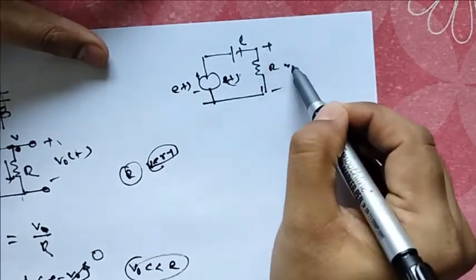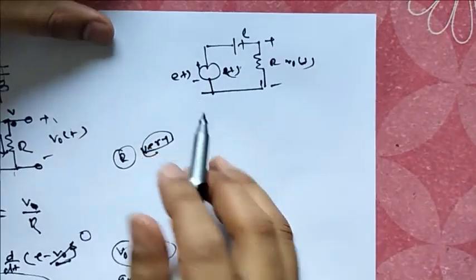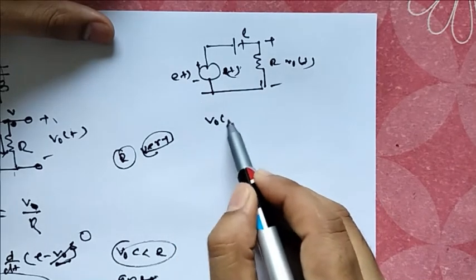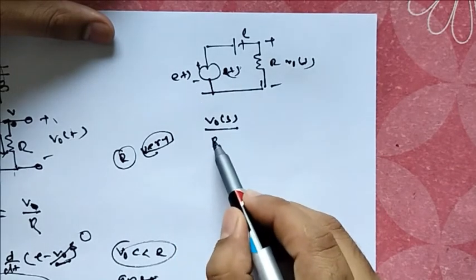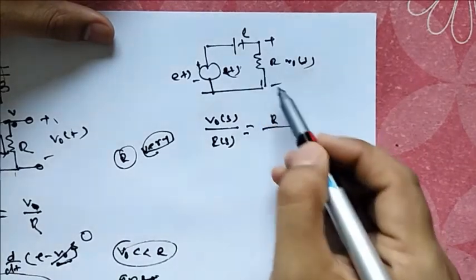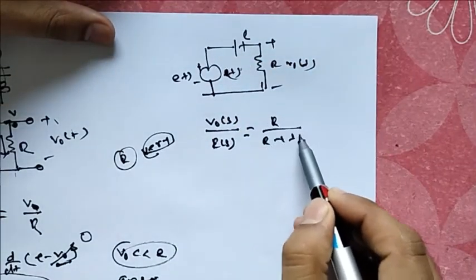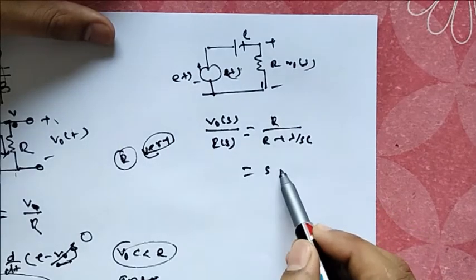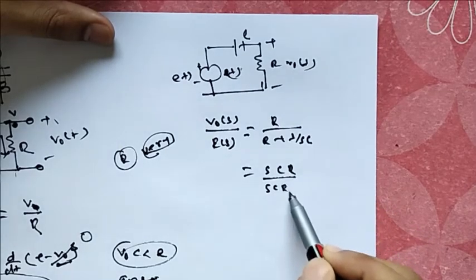Now we need to calculate V0 of t. V0(S) by E(S), this is a potential divider, will be R by total resistance, R plus 1 by SC. Now this will be SCR by SCR plus 1.